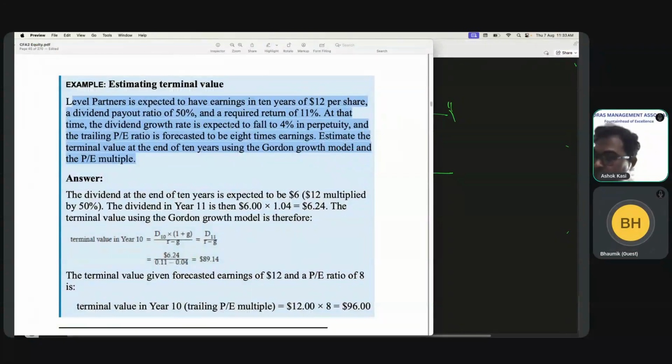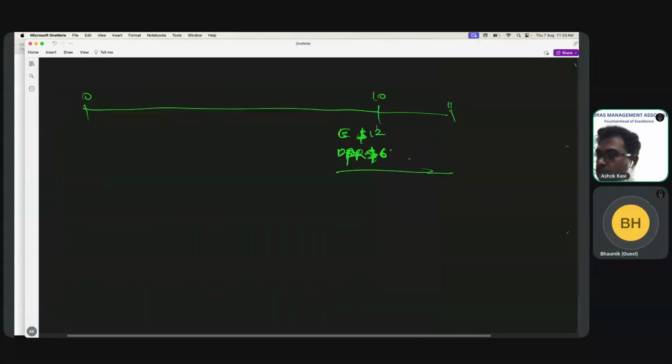Dividend growth is expected to fall to 4% in perpetuity, meaning constant growth. So 6 into 1 plus 4%, calculate how much it comes to. 6.24.